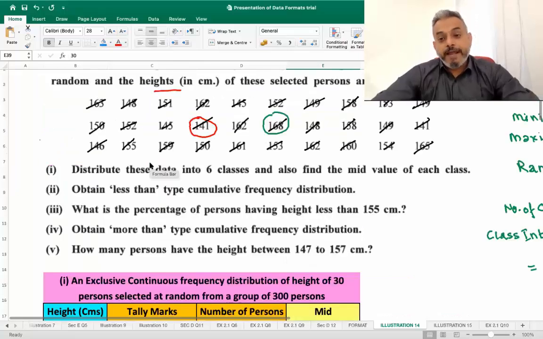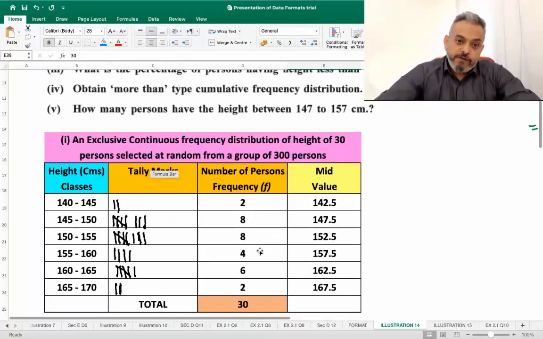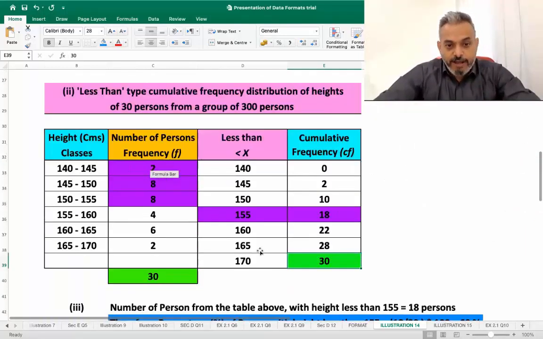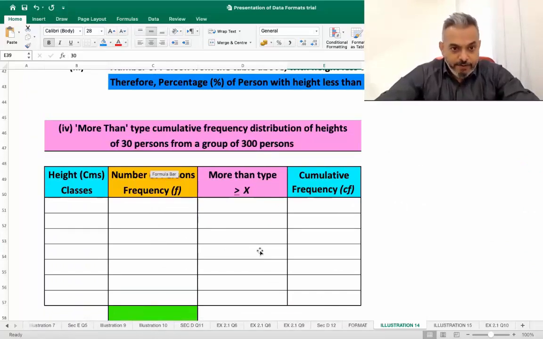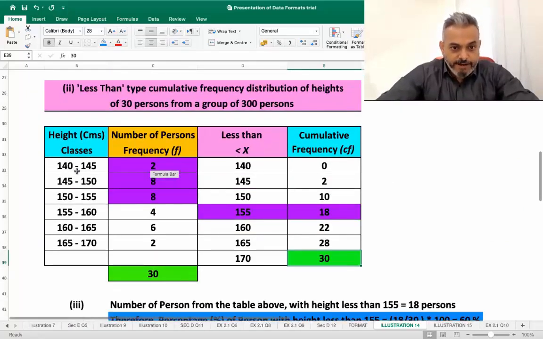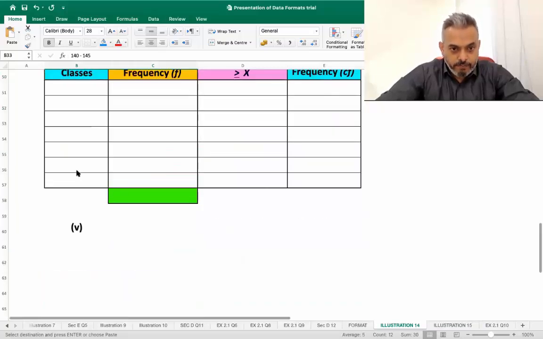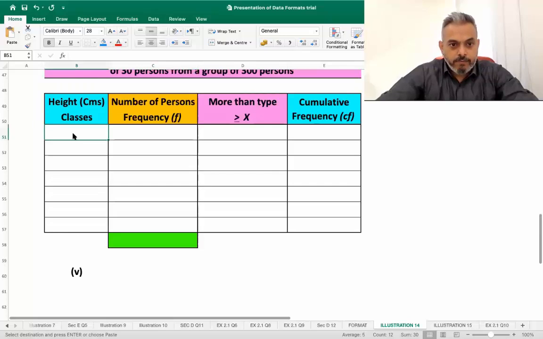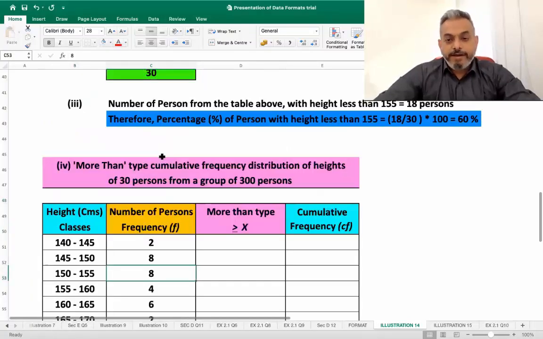Now obtain a more than type cumulative frequency distribution. So just like we went for less than type, let's go for more than type. So make the format, copy the question, write the heading.